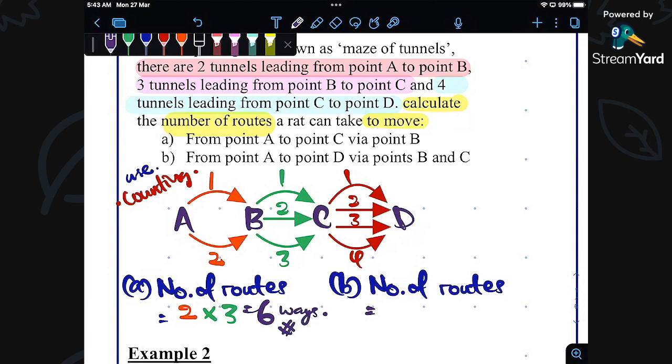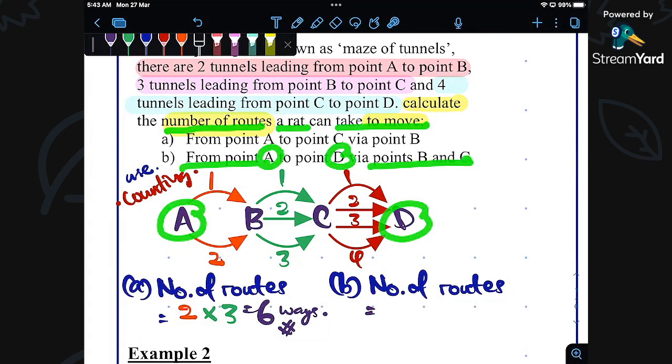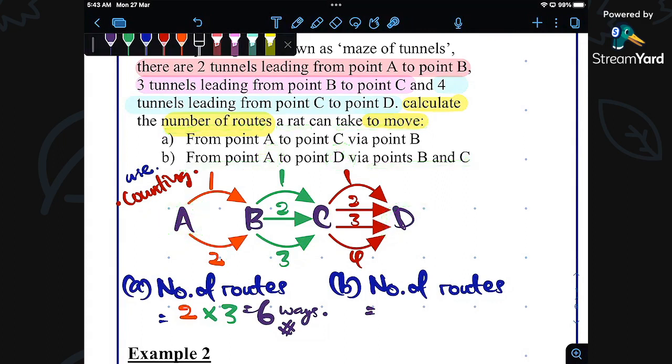There are 6 ways. How about the number of routes a rat can take to move from point A to point D via point B and C? So let's count this as a beginning. We count this from A to D, where this, and this is the first route.